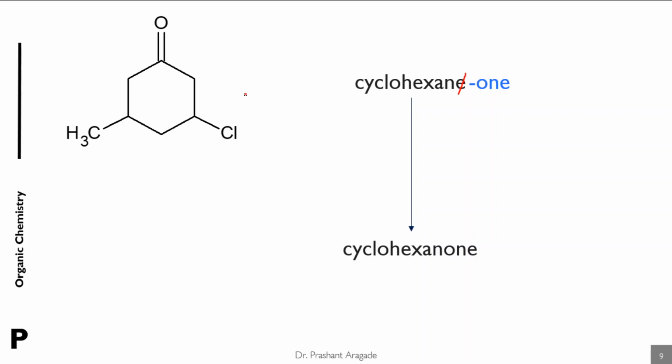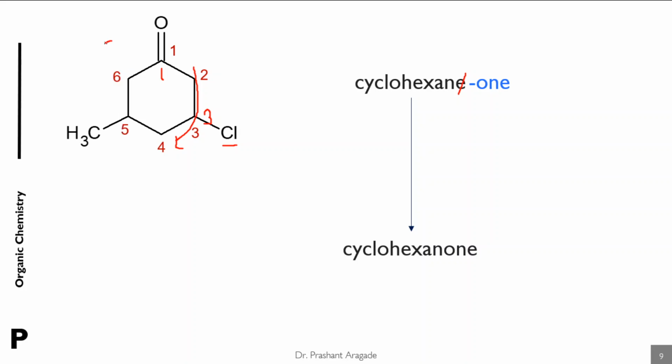Then you have to give the numbering in such a way that numbering should be started from carbonyl carbon atom, and you have to give preference in such a way that the substituents carrying carbon atom must possess the lowest possible number. If you number in the clockwise direction, then you will give the 3 number to the carbon atom on which the chlorine is attached, and 5th number on which the methyl group is attached.